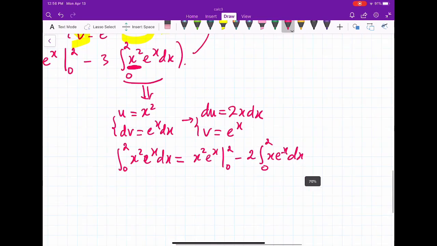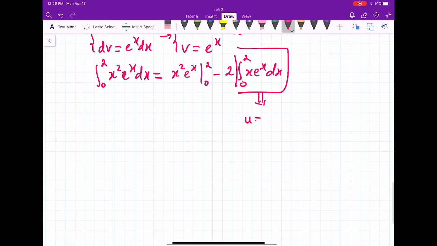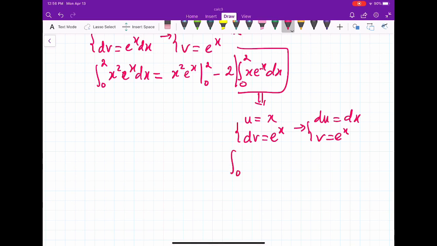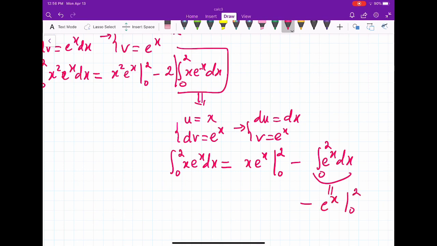So you need to do one more time, right, to find this integral. All right, so I put u equal to x again, dv is e^x. I have du equal to dx, v is e^x. All right, and the integral from 0 to 2 of x e^x dx equals x e^x from 0 to 2 minus the integral of e^x dx from 0 to 2. So we are done because this integral is just e^x, right? Evaluated from 0 to 2.